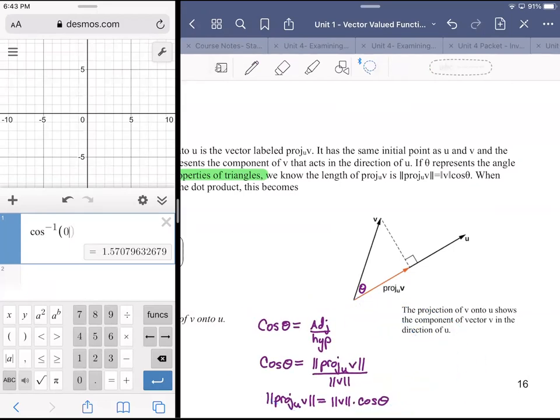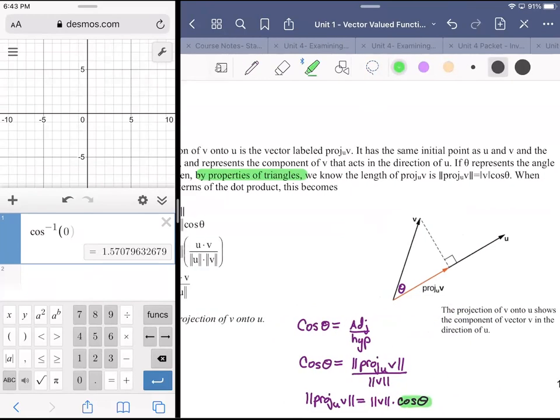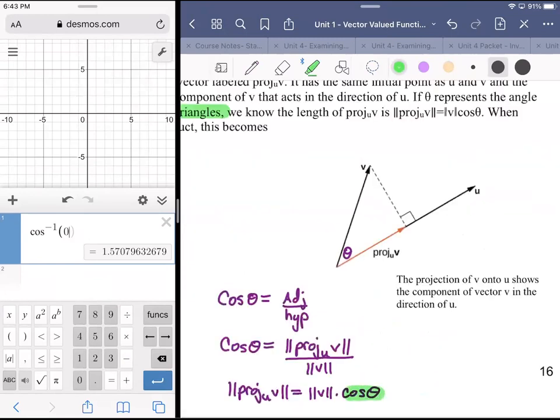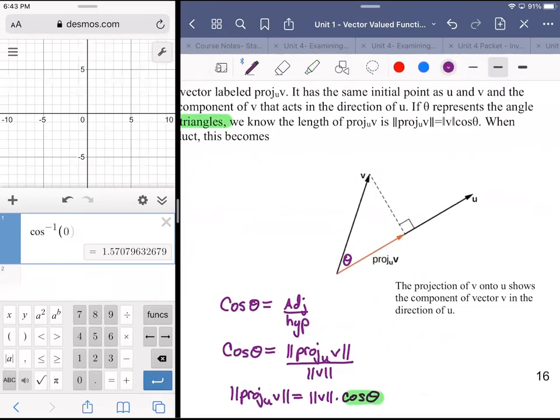But we also learned previously that the cosine of theta, so this is where that other rule comes into play, I'll just do it over here instead of referring to it, is equal to the dot product of u and v divided by the magnitudes multiplied.